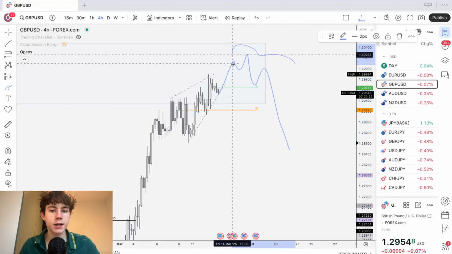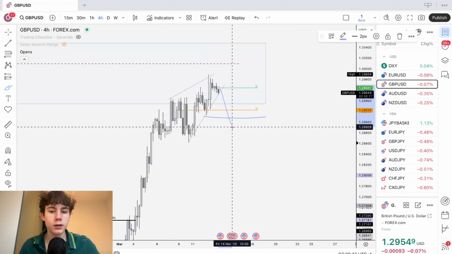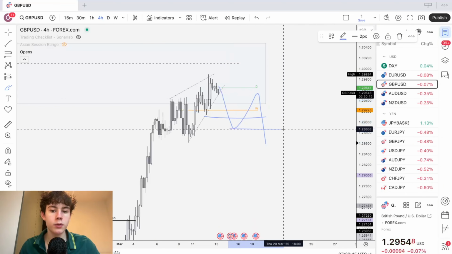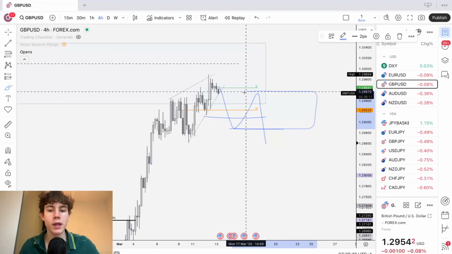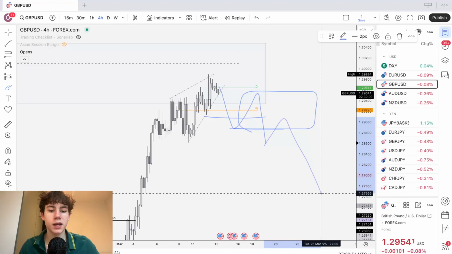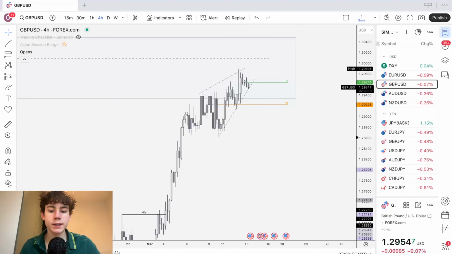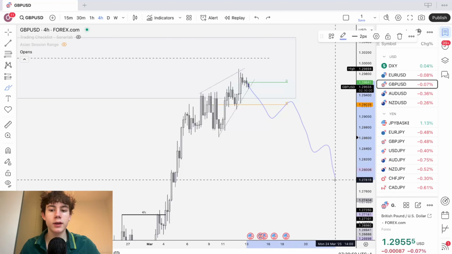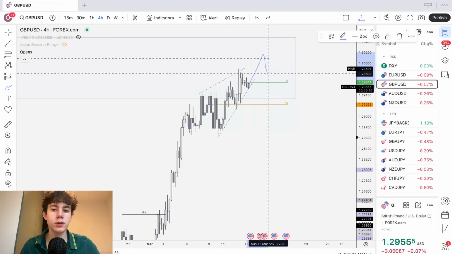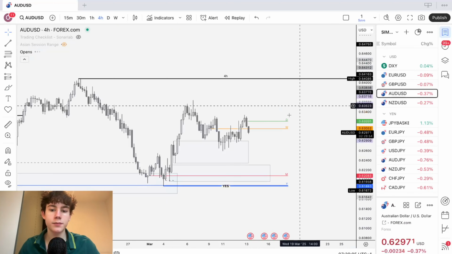This would be a nice setup, or possibly break under the low, then one more time, so we know that price is actually ready to trade down lower, and then I will take a short from this supply in towards the lows again. For now, you can see that price is kind of rangy, so we really need to see a breakout into the downside or some liquidity to get grabbed before going at any shorts.